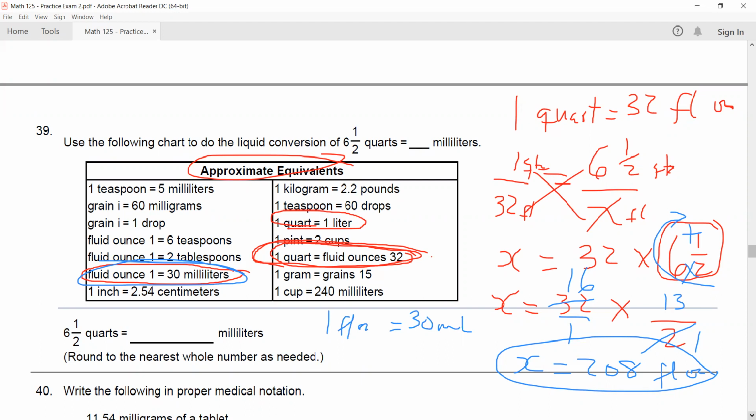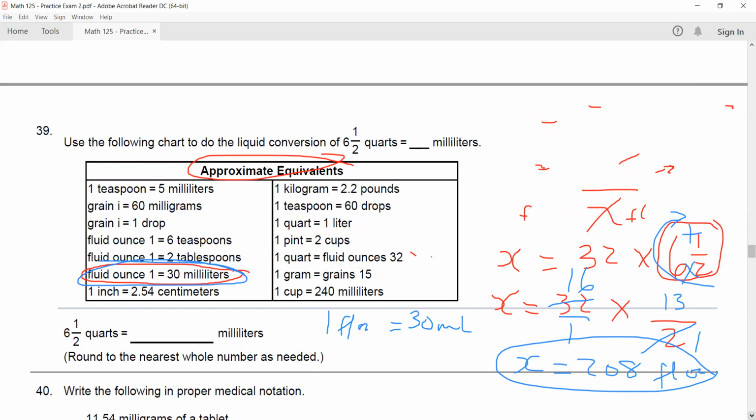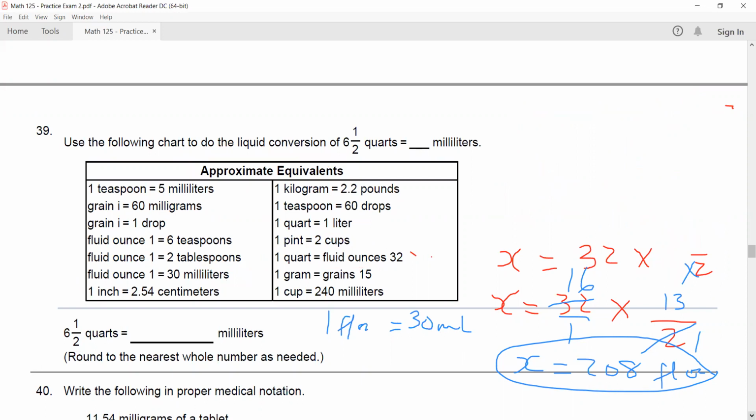I'm going to erase this part because I don't have so much space. I could set this up as 1 over 30 equals. Remember, the 1 on top is fluid ounce, and the 30 is ml. So on my right, the fluid ounce is going to be on top, 208, and then my X for ml is going to be at the bottom.